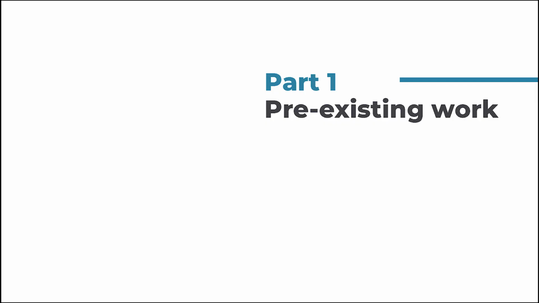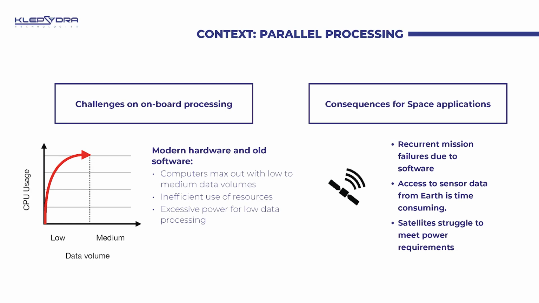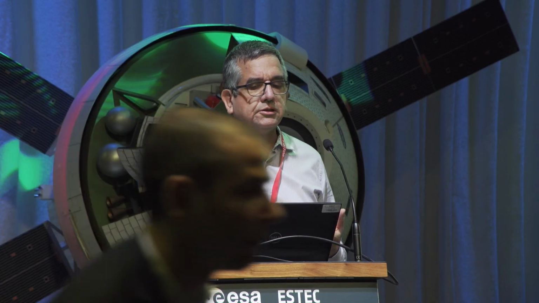So, pre-existing work. All our work relies heavily on parallelization, on multi-threading. We have seen that using traditional multi-threading techniques, for example when there are large volumes of data like SAR sensor data or images, they tend to saturate the computer.